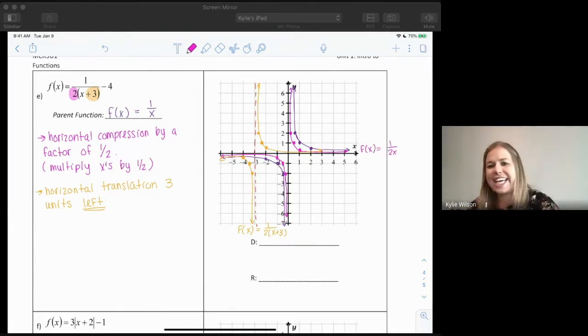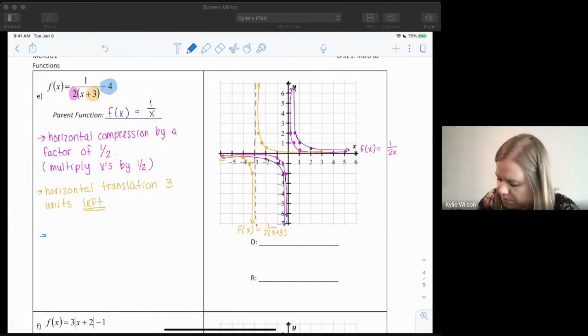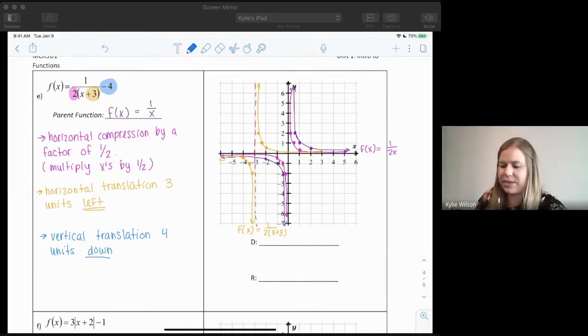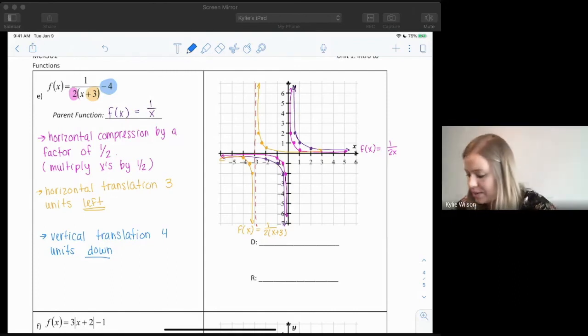Okay, and our last one is our little c. Let's deal with c here. Because it is a negative 4, we're going to go down 4, and it also moves our asymptote down 4. So we have a vertical translation, 4 units down. Now let's take those dots and move them 4 units down.